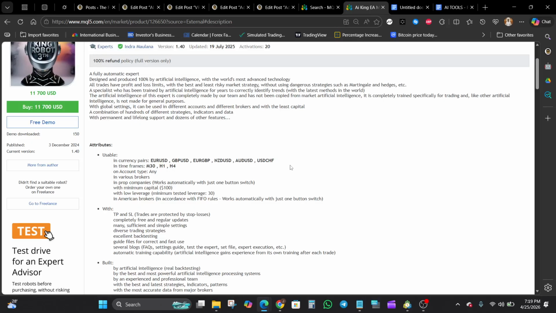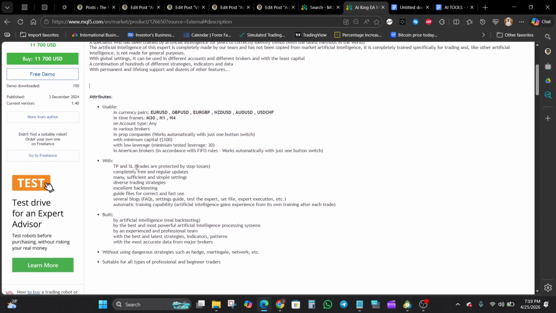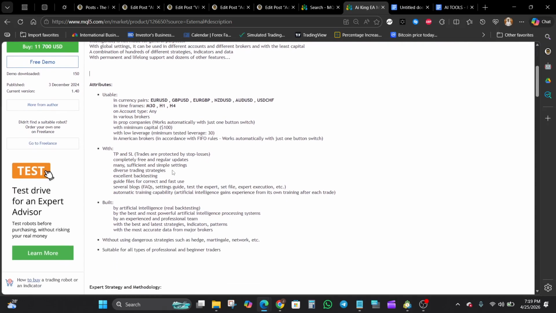Now, let's just break down how this EA is structured. First, the AI-driven decision engine. So this EA is designed to process a large number of inputs, indicators, patterns, and historical data to determine when to enter and exit trades. The idea here is that instead of relying on a single strategy, it uses a combination of multiple strategies simultaneously.